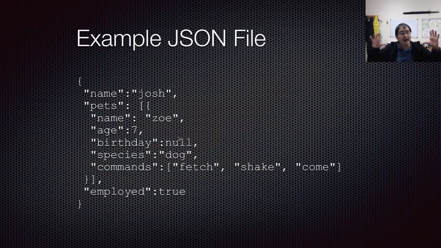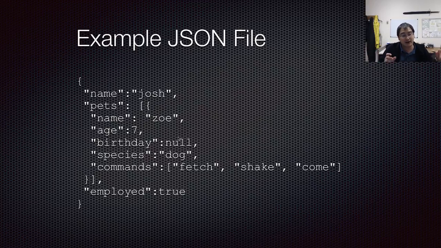All right, so let's look at a more complicated JSON example. So this one is a JSON file. If I copied and pasted this into a file and named it .json, this is a JSON file. It has one data type inside it. What's that data type? Well, it starts with a curly bracket, so it must be a JSON object, and it has various keys of name is Josh, pets, and then the pets maps to an array, and inside that array there's an object, and inside that object there's a mapping of name to Zoe, and age to 7, and birthday to null, and species to dog, and commands to another array that contains a list of, in this case, strings.